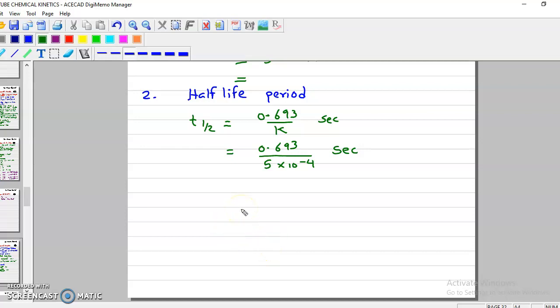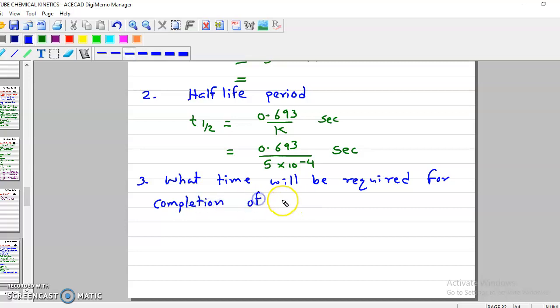The next question about this numerical is, what time will be required for completion of 75% of the reaction.